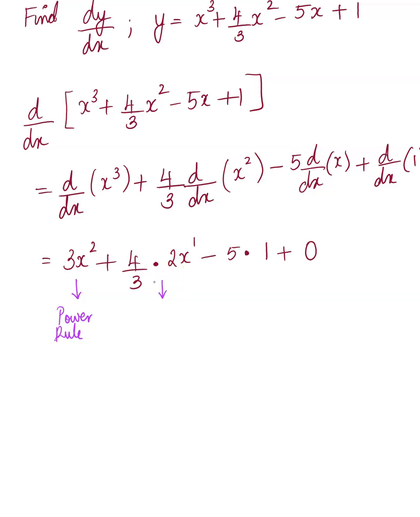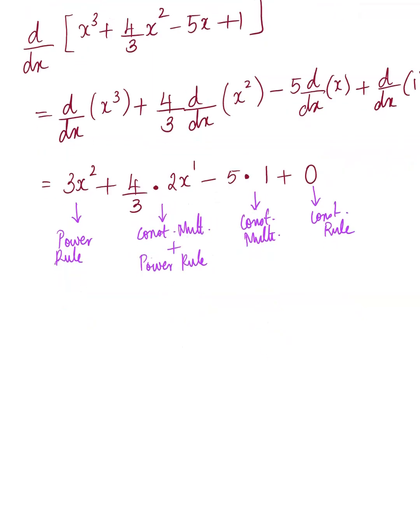Because we pulled the 4 over 3 out in the beginning. So constant multiple plus the power rule. We did both. Here too it was constant multiple rule. And this was just the constant rule, because the derivative of a constant is always 0.